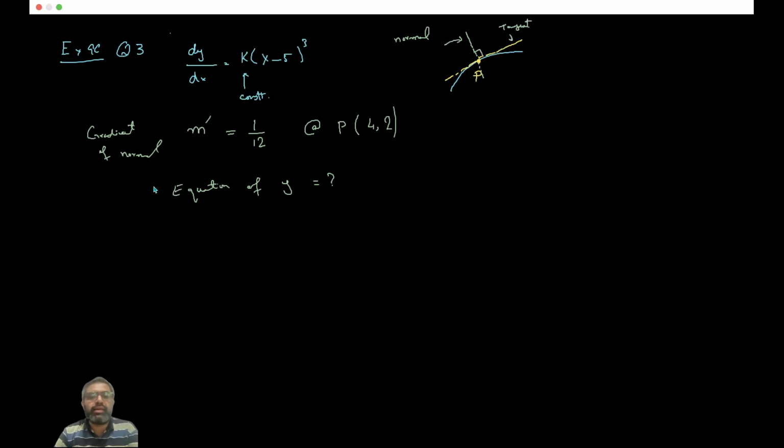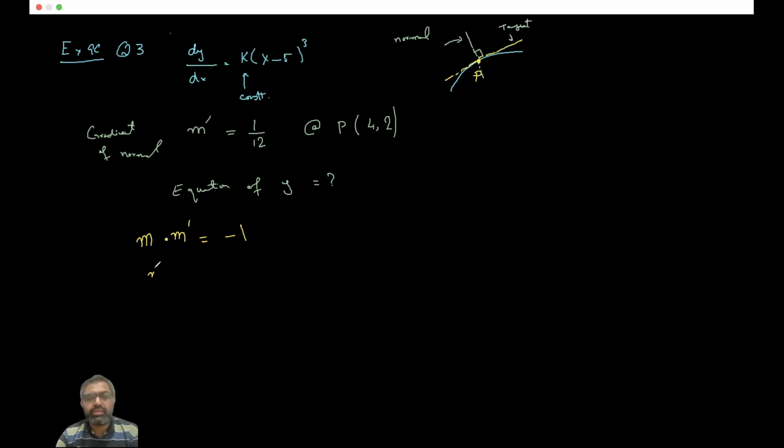If the gradient of the normal is 1 over 12, always remember the relationship between the gradients. If m is the gradient of the curve and m dash is the gradient of the normal, their product is equal to -1. The gradient of perpendicular lines, their product is equal to -1.